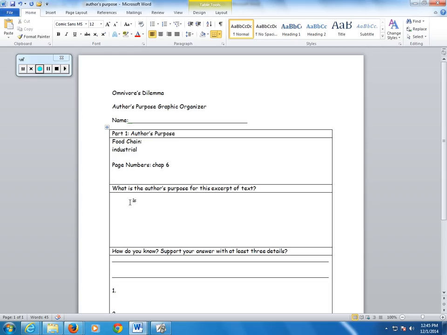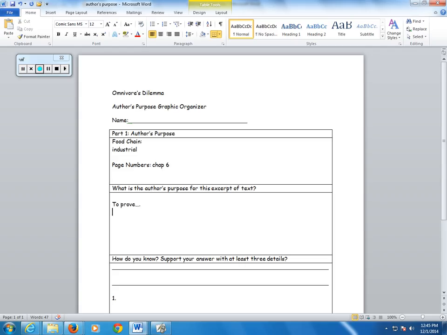So purpose is going to be to prove. What's he trying to prove? I'm going to say, so he's trying to prove that everything we eat is made of corn and that it's not good.